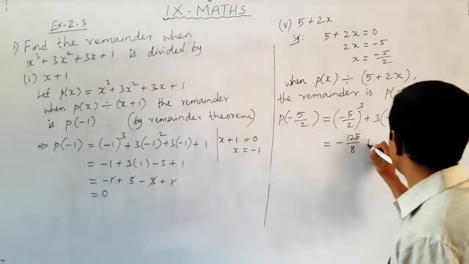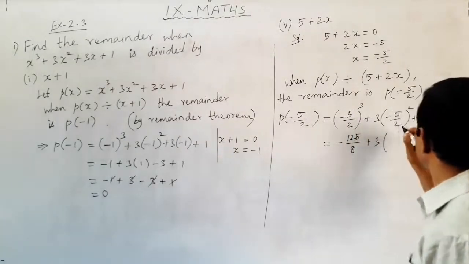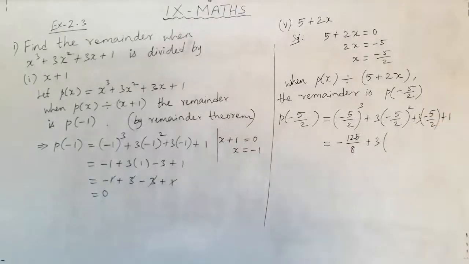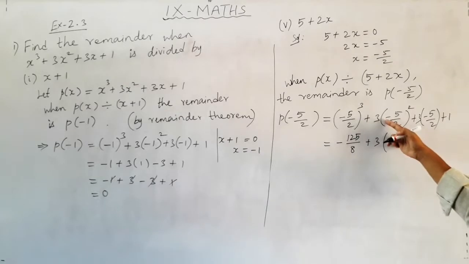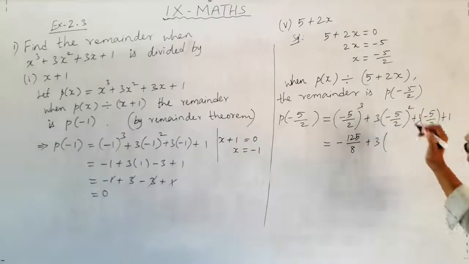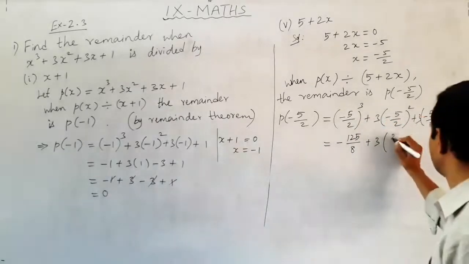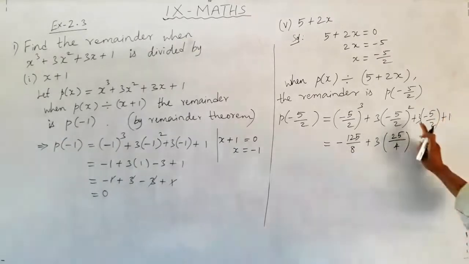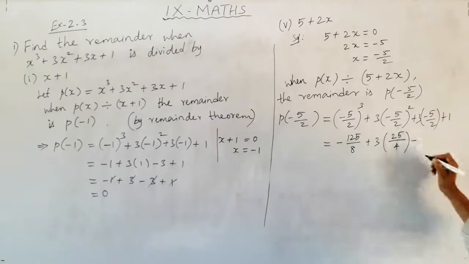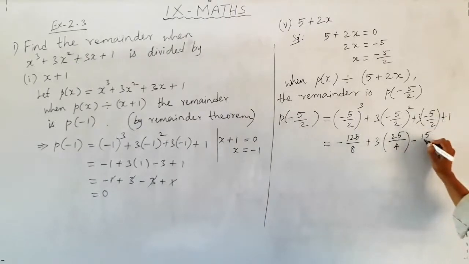And then plus 3 into minus 5 by 2 whole square. If you apply square for minus, what do you get? Plus. So you leave it. And 5 square becomes 25. And in the denominator 2 square becomes 4. And here plus into minus, minus 3 into 5, 15, and then by 2, plus 1.